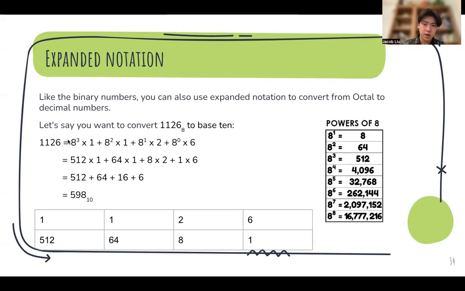Then you find out that 8 to the power of 3 is 512, and 8 to the power of 2 is 64. You solve this equation to get 598 in base 10.